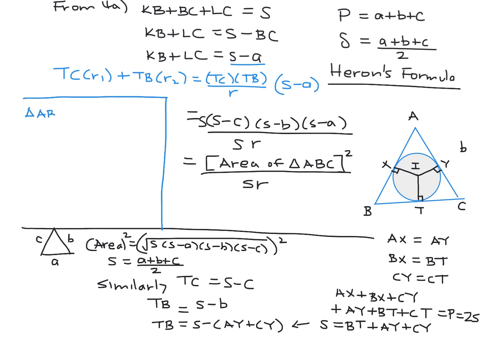Triangle ABC, if you want to get the area, we can get it pretty easily with just this diagram right here. It would be 1/2 base times height. Let me just label it. This side is B, this side is C, and this side is A. And then we'll use these as the heights.